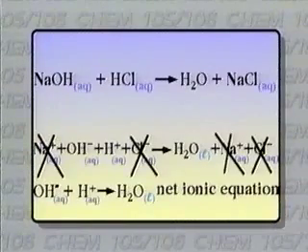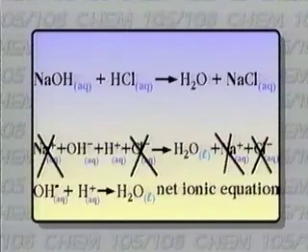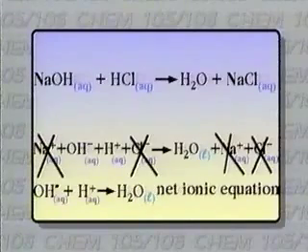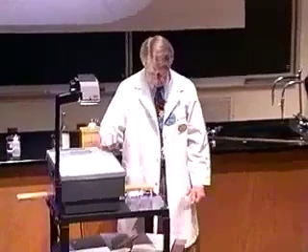Now, of course, the term net means that we're only including then that which is above and beyond what we started with. If we were investing, we have a net gain or a net loss. The difference between where we are today versus where we were when we first invested. And if we're talking about this, this is the net change. Only the hydroxide and the hydrogen ion have actually undergone a chemical change.